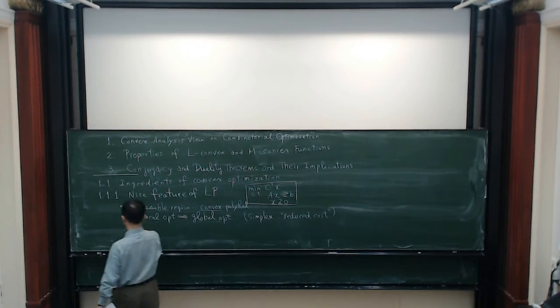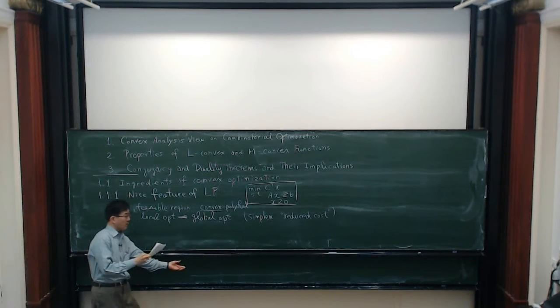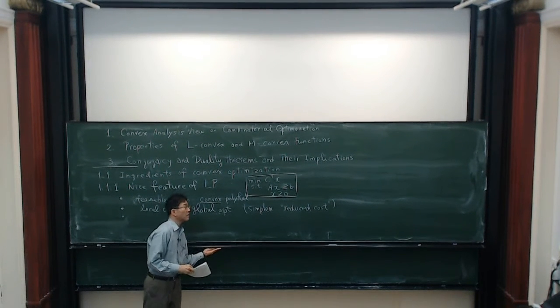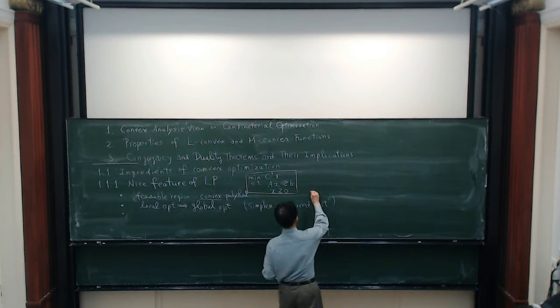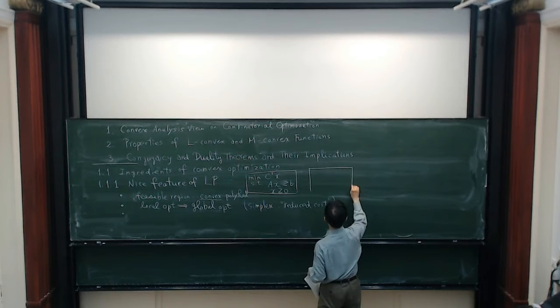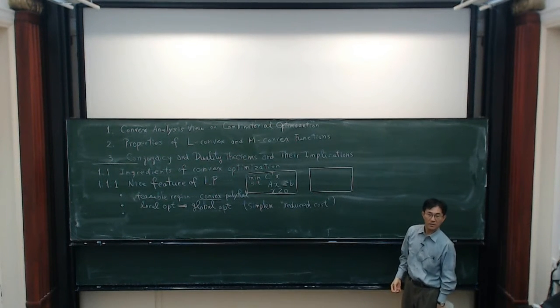So in the simplex method, it is reduced cost by reduced cost. And what else? If you write this way, you can write something else here. Can you write? Maximize something.